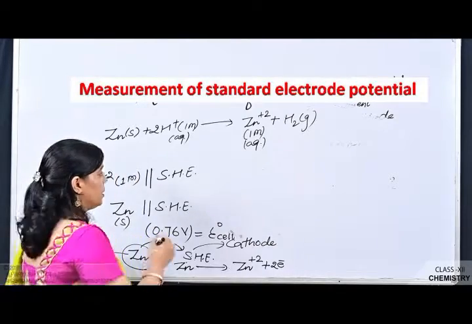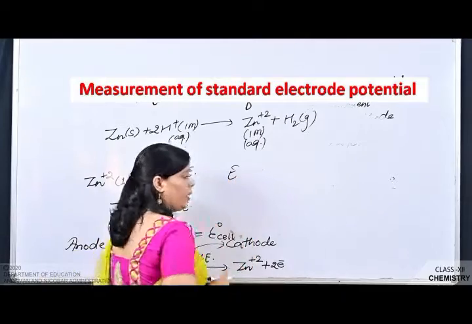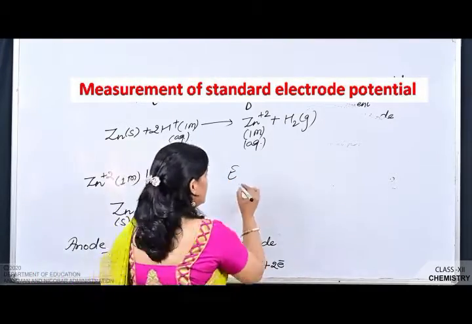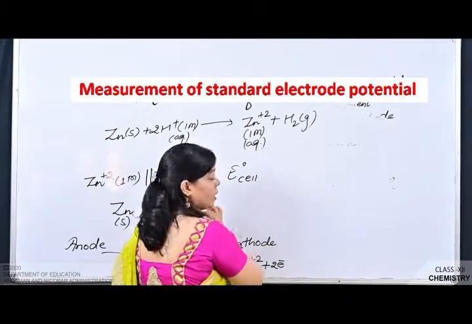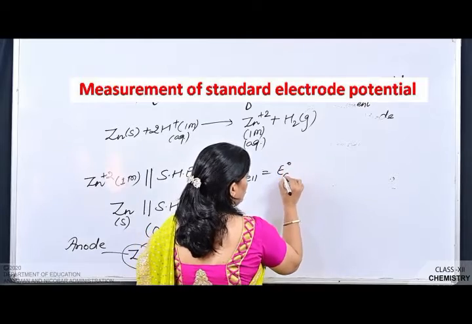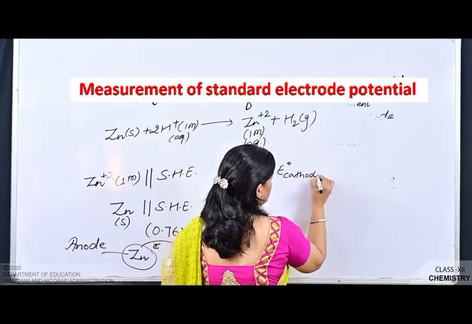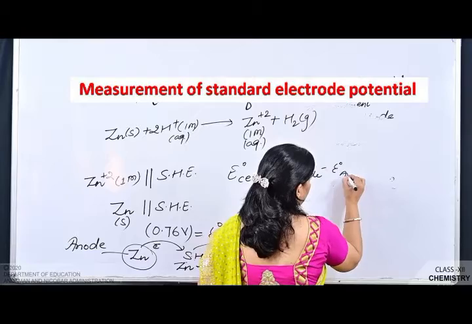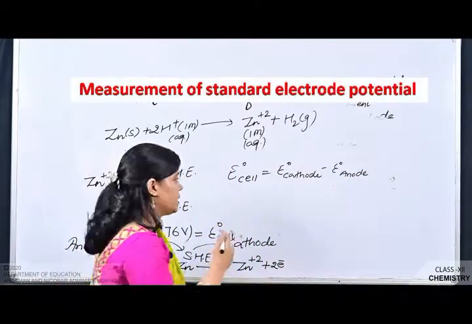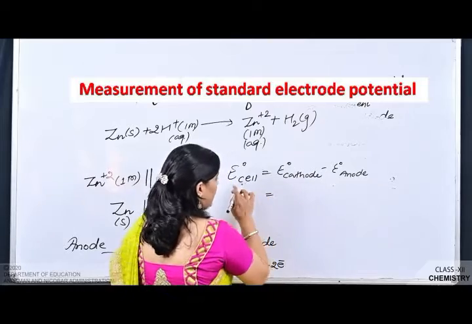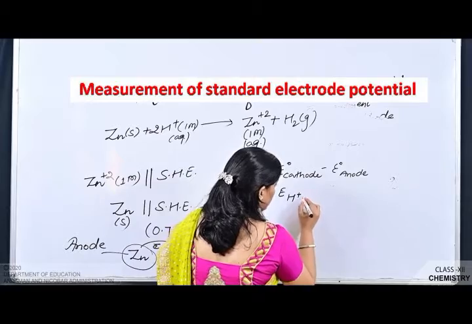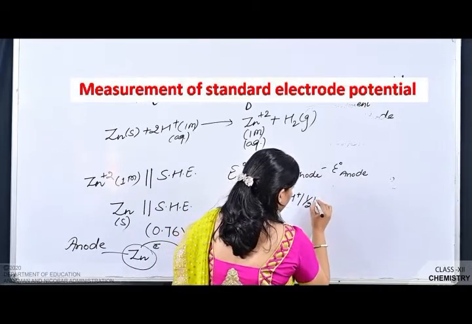So students, the formula to calculate the electrode potential of the cell, that is E cell, because the cell is in the standard condition, so we are placing a naught. E cell naught is equal to E naught cathode minus E naught anode. Which reaction is taking place at the cathode? We can write E cell naught is equal to E of H+ to half H2.